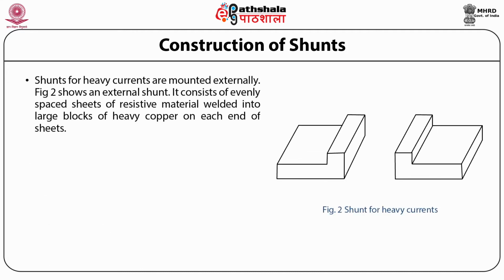Shunts for heavy currents are mounted externally. Figure 2 shows an external shunt. It consists of evenly spaced sheets of resistive material welded into large blocks of heavy copper on each end of the sheets.